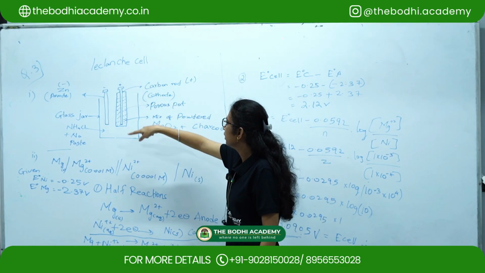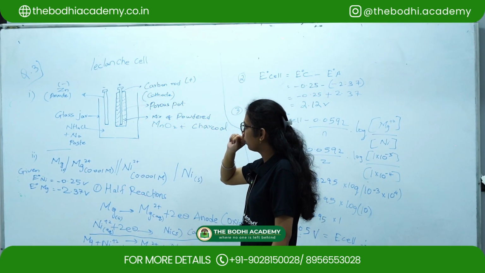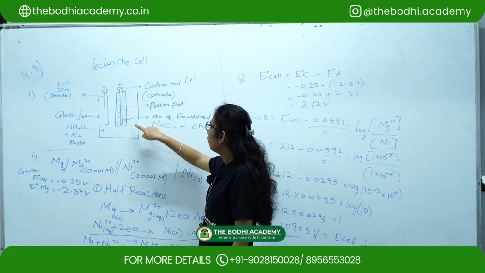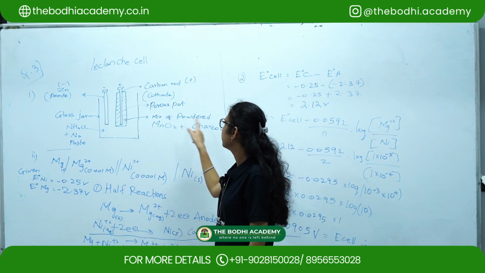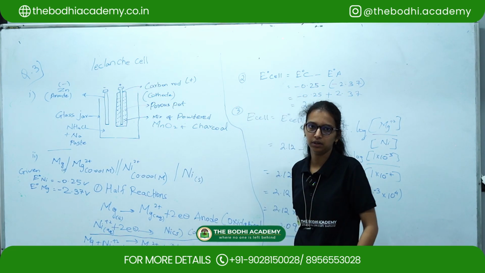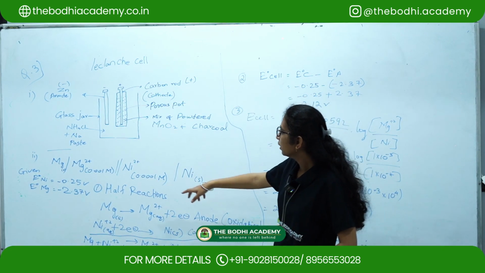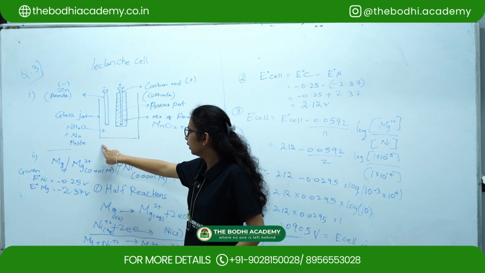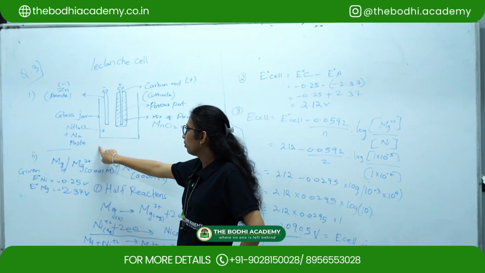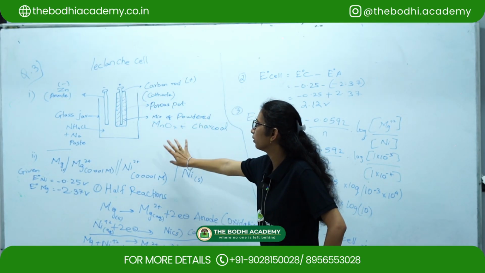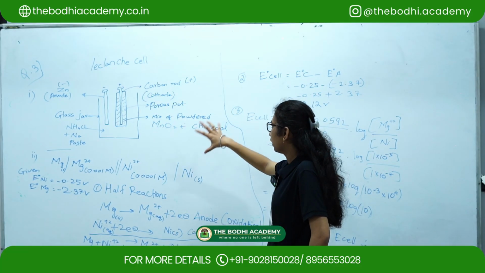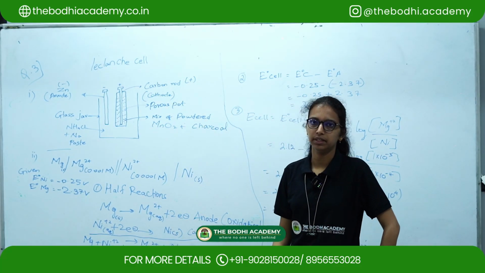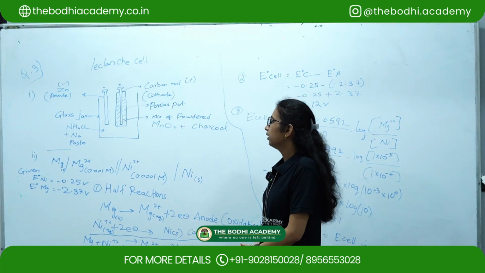Inside there is a thin carbon rod, which is the cathode, and it is covered by a porous pot in which there is a mixture of MnO2 and charcoal. And on this side there is a solution of NH4Cl, ammonium chloride, and a paste, placed in a glass jar. When it is connected to the current, the reaction takes place.